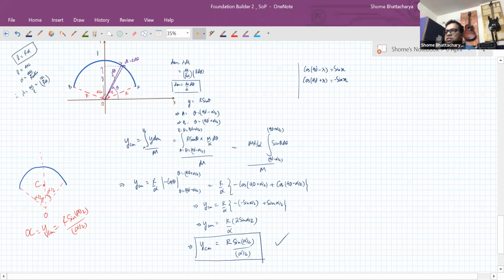So what we can also understand from this is that the semicircular arc is a special case of this.